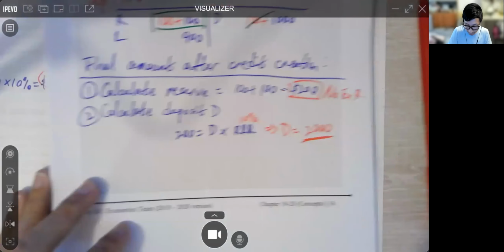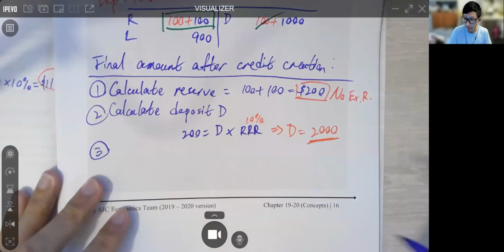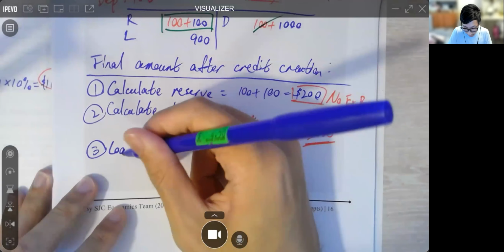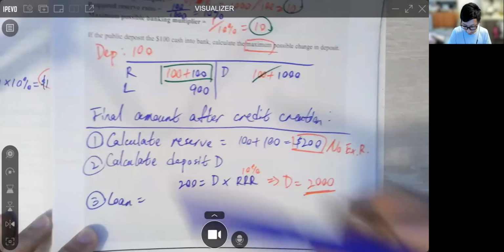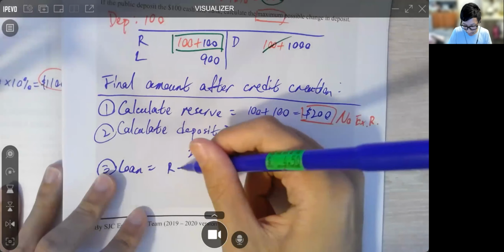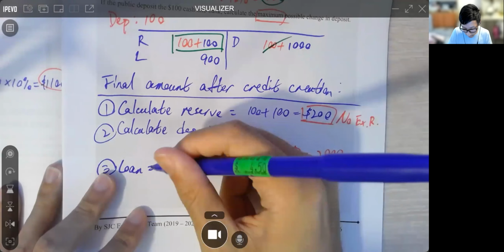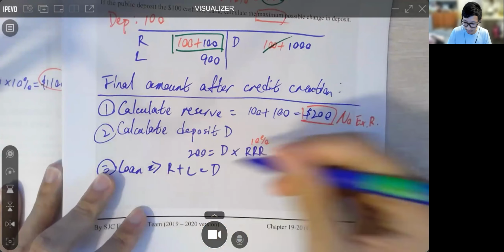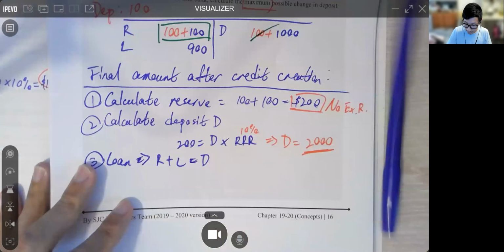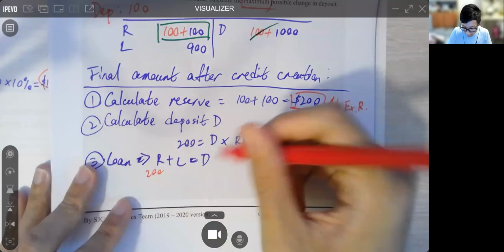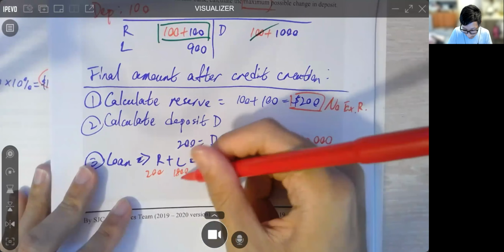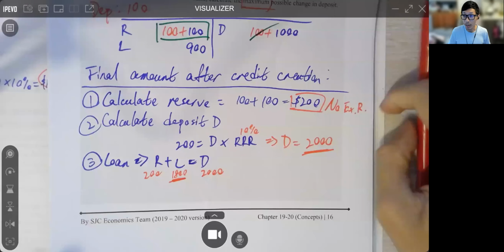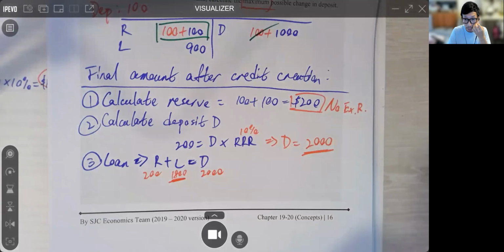好啦，最後一步啦。Finally, right? Calculate loans. 點計 loans 啊？記住咯噃，reserve plus loan should equal to deposit. 係咪啊？Now we have reserve 200, deposit 2,000. Therefore, loan would be this amount. OK, 但係你答咗條題目未啊？No, you have not answered the question yet.